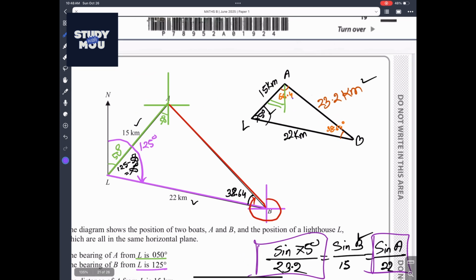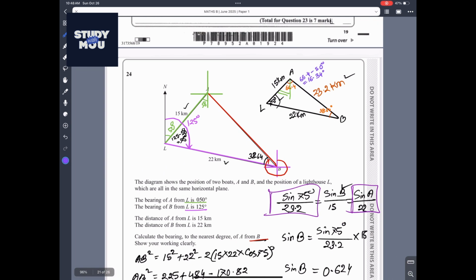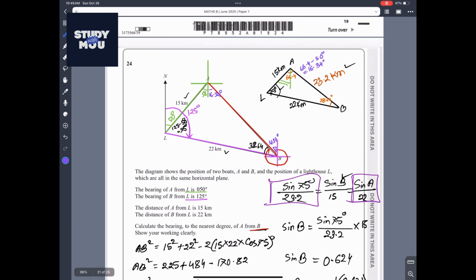This will be 66.4 minus 50, which is 16.34. Now if this is 16.34 degrees, this part is also 16.34 degrees for alternate angle purposes.